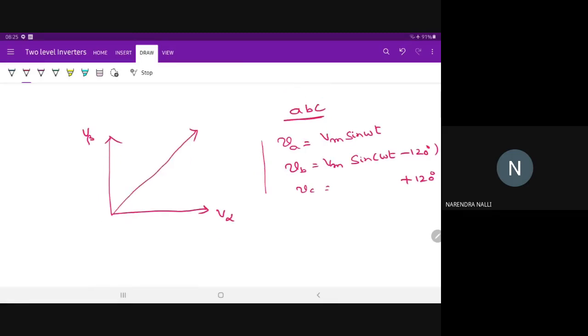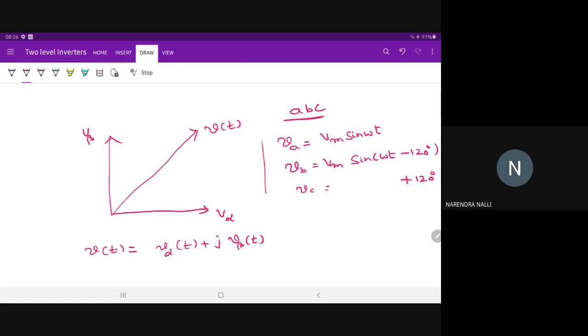So this can be written as, for example, V of t, the resultant of this. So this V of t can be written as V alpha of t plus j into V beta of t. It's clear?